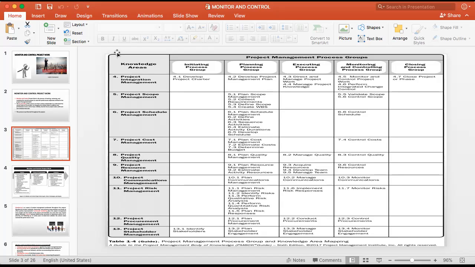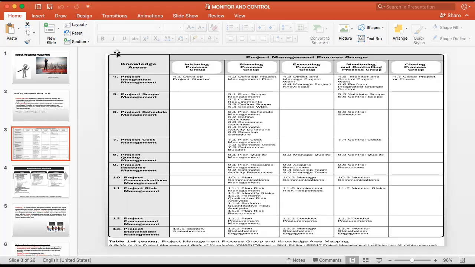Each and every knowledge area has a separate control process, and each control process has work performance information as the output. In integration management, you collect all these and integrate them in a consolidated manner. That is the monitoring and controlling process of the project.